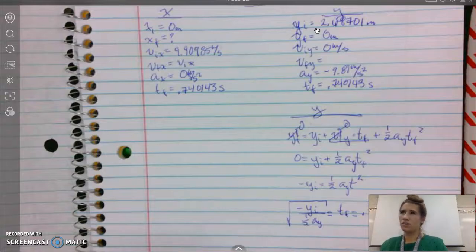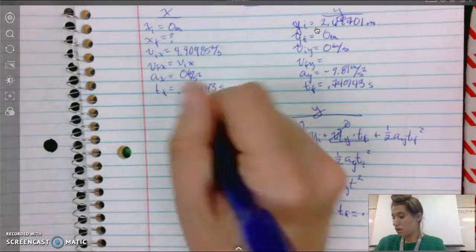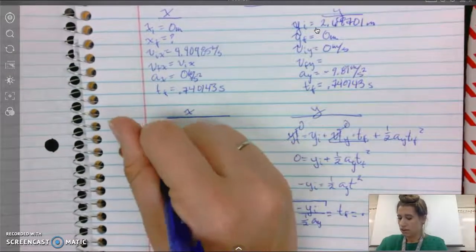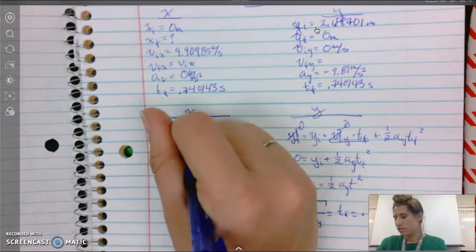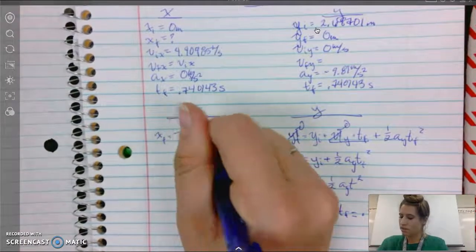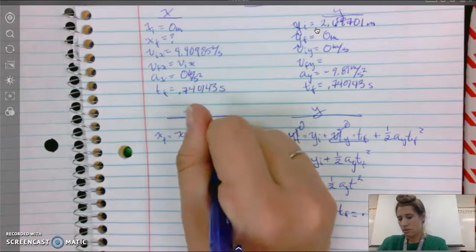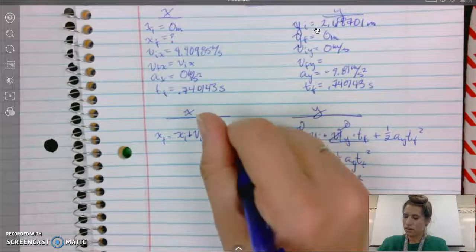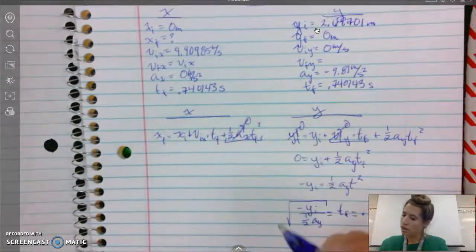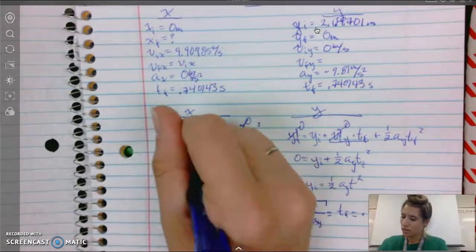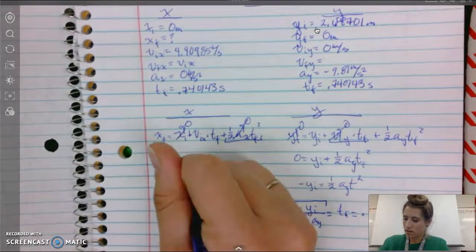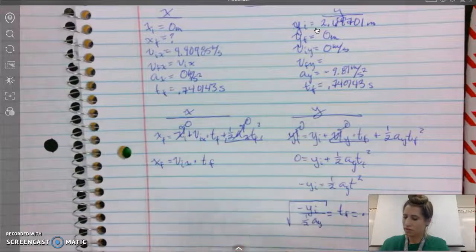I can use either equation, but the third one that we use most often in these kinds of situations works the best. So x final equals x initial plus velocity initial in the x multiplied by time final plus 1/2 acceleration in the x time final squared. Acceleration is 0, x initial is 0, so x final equals velocity initial in the x multiplied by time final.